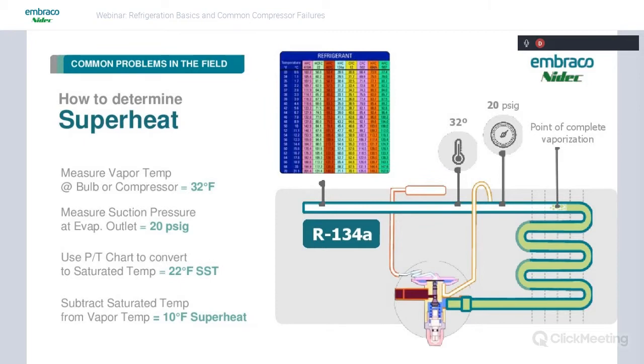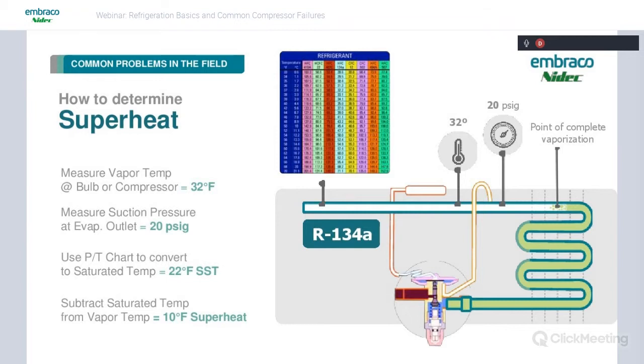But basically what you're doing is measuring the temperature from the point of complete vaporization to this point right here on the suction line. The lower your superheat, the more excess refrigerant is making its way through the evaporator.